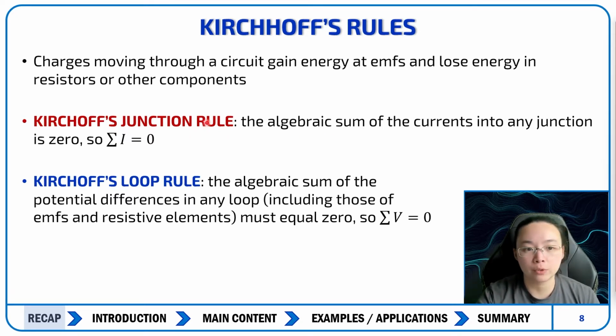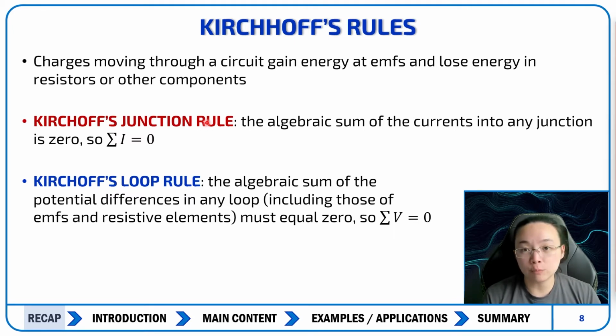For the junction rule, at every junction of 3 or more wires coming into it, you have to make sure that the total sum of the current is equal to 0. So there should be an equal amount of current going into the junction as there is coming out of the junction to maintain consistency along the uniform current.